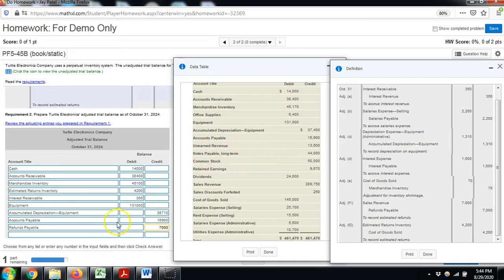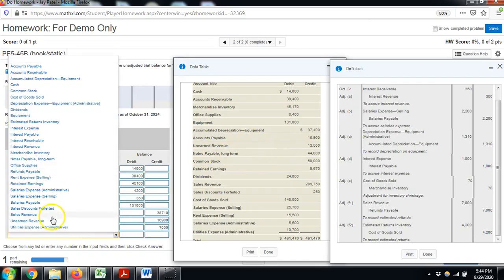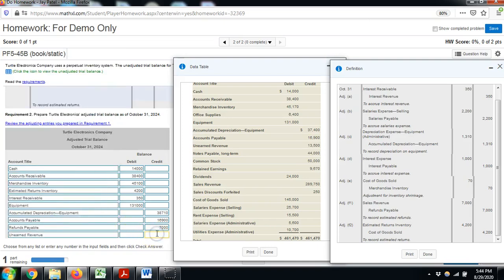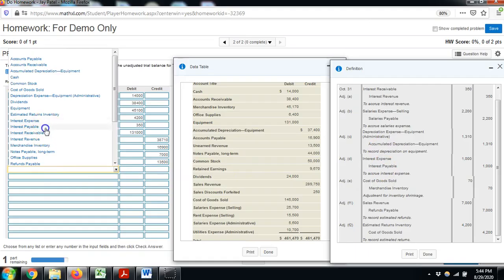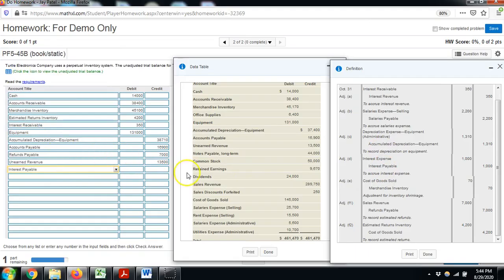We have this unearned revenue. Anything else? Interest payable of 1,000.